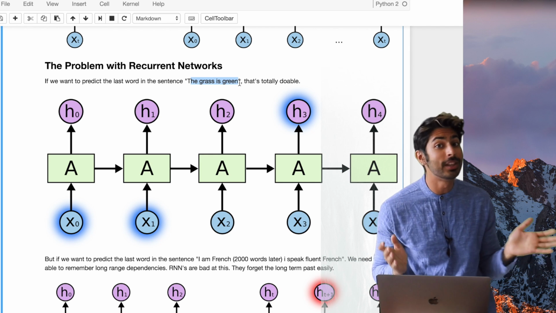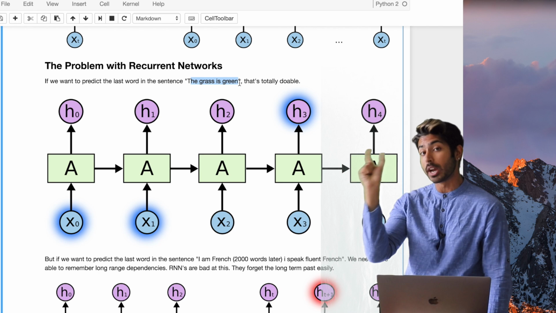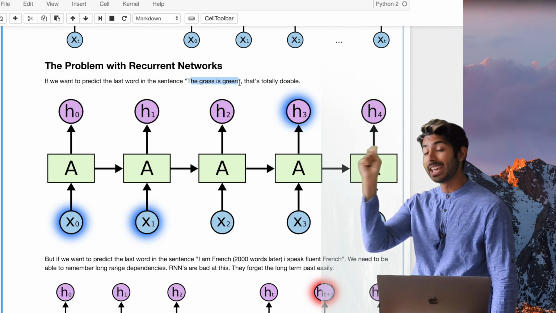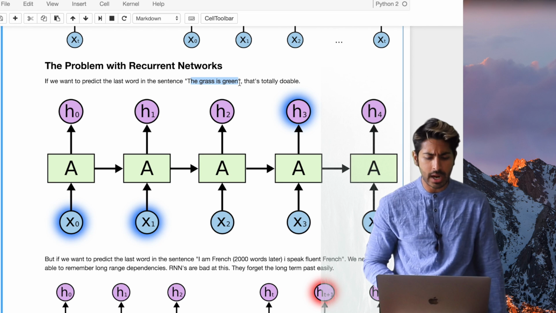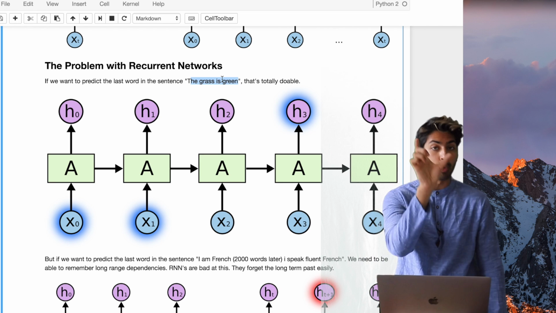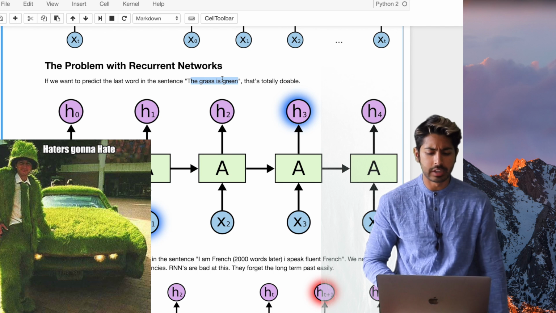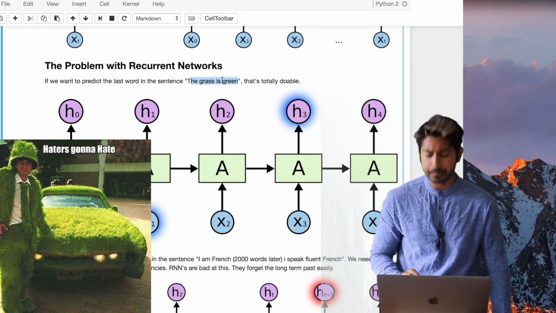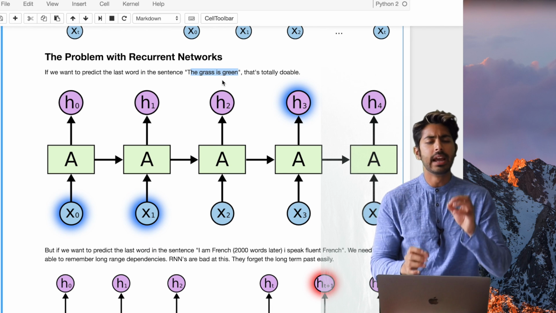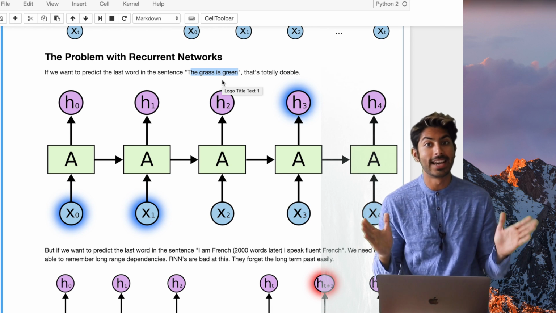Recurrent networks can do this easily because the distance between the data point we're trying to predict and the previous data points is pretty small. The distance between grass, which is the context we need, and green is pretty small. The only difference is that the word is between those two words. And so that's easy to predict because that's the only context that we need.